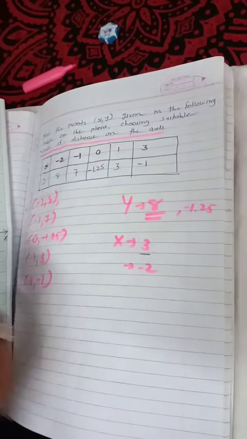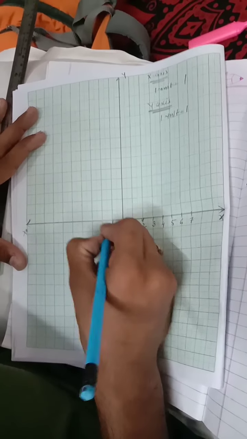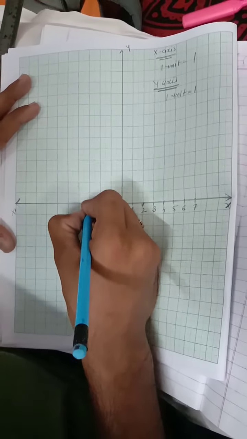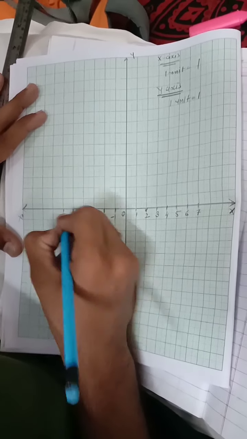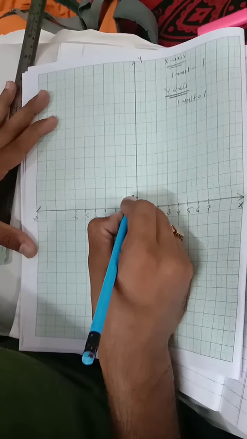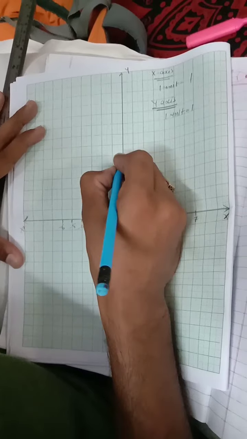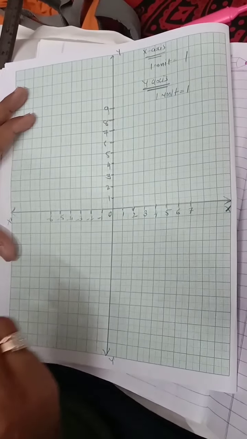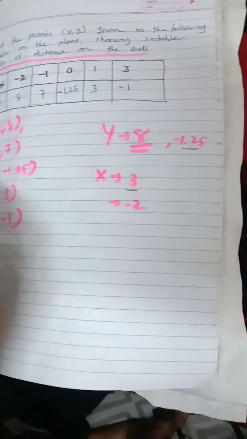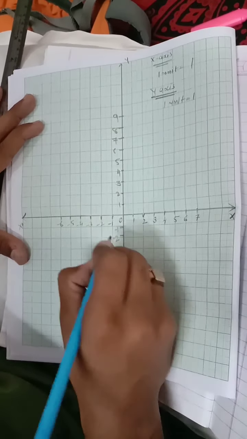Maximum is 3. On x dash, means minus, -1, -2, -3, -4, -5, -6. On the y-axis the maximum is 8, so we write till 8: 2, 3, 4, 5, 6, 7, 8, and write one more, 9. On negative y, only -1.25, so I write -1, -2 and -3. That's it. Clear?